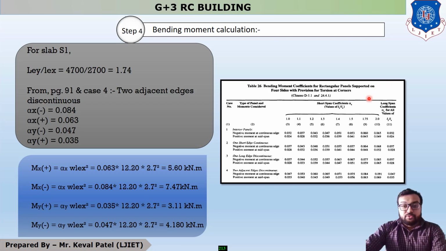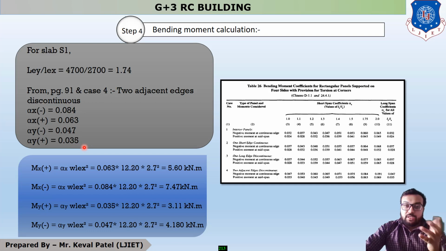In this example, your alpha y negative coefficient is 0.047 and your alpha y positive coefficient is 0.035.